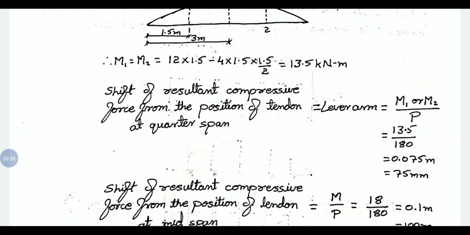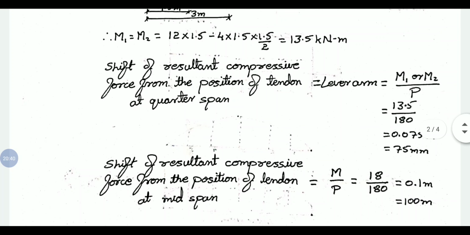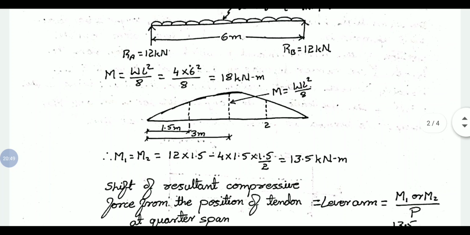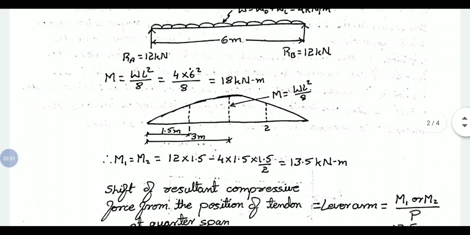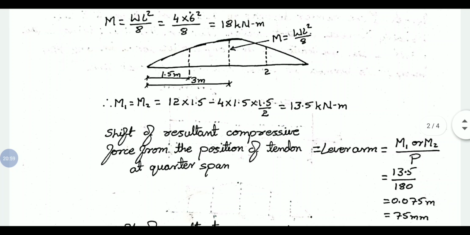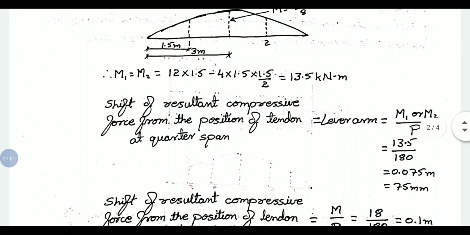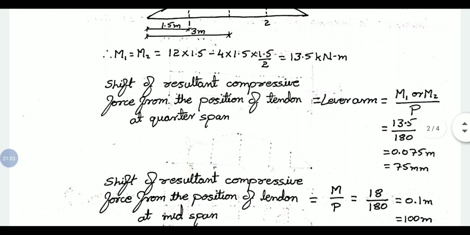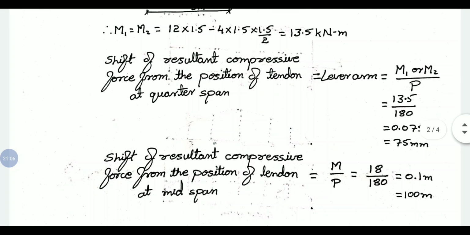So the shift of resultant compressive force from the position of the tendon at quarter span, that is at 1.5 meter. The moments M1 and M2, at point 1 and point 2, are both at quarter span, or 1/4 of the span from either support. So M1 and M2 divided by the pre-stressing force, we get 75 mm.